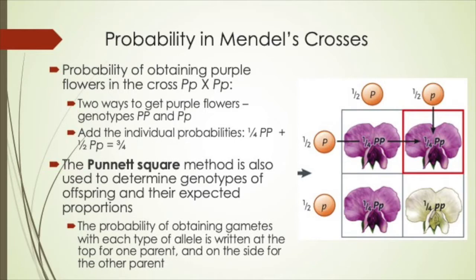So each gamete has a half probability to give to each offspring.